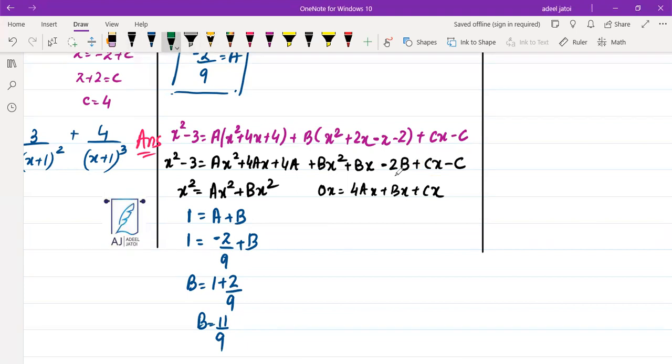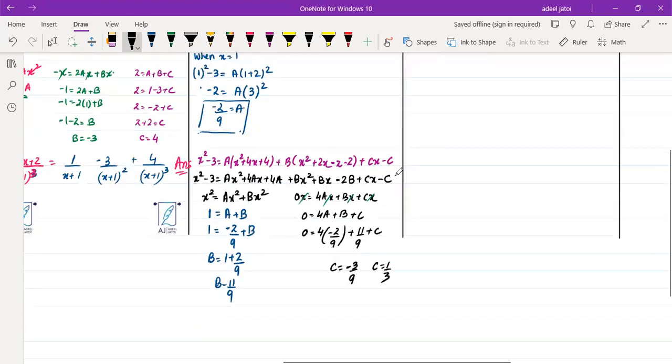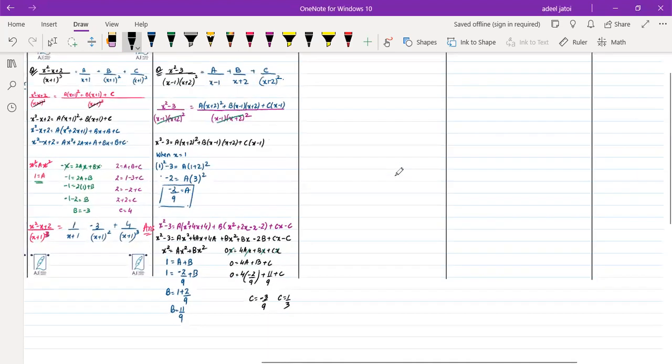All the x can be cancelled out, and you will be left with 0 is equal to 4a plus b plus c. The a value remains minus 2 upon 9, the b value remains 11 upon 9. So c is minus 3 upon 9, which can be written as minus 1 upon 3.